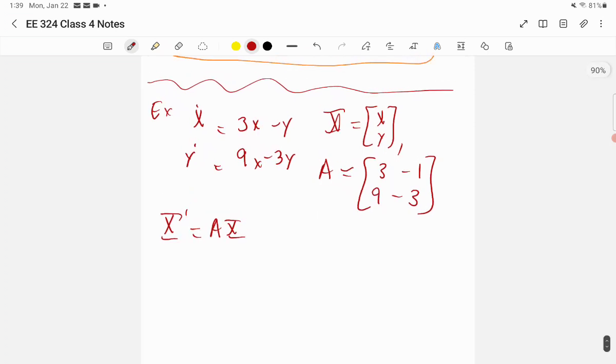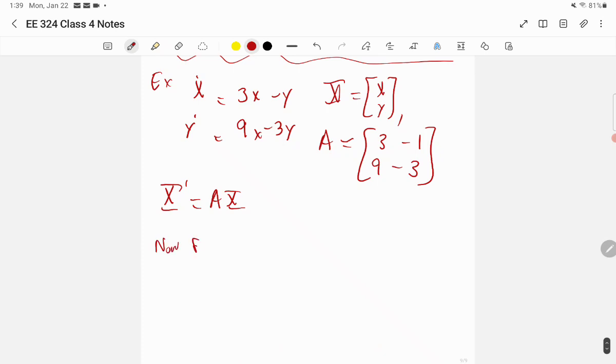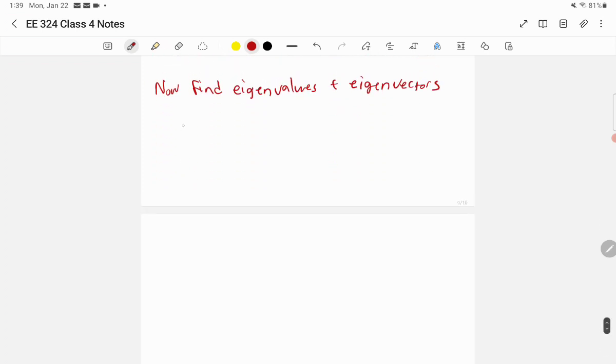And we need to find the determinant, right? So now we need to find eigenvalues and eigenvectors. So I need to get the determinant of 3 minus lambda, minus 1, 9, 3 minus lambda, and I'm going to set that equal to 0.